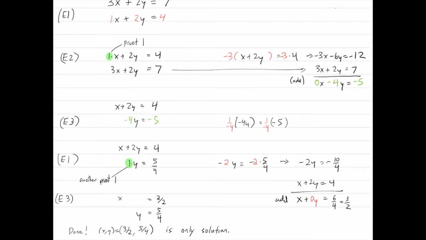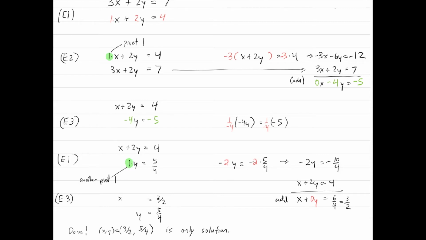And so now, using the step E3, I'm replacing this equation by adding to it -3 times the first equation. Here's the computation for adding to the second equation, -3 times the first equation, the -12 and the 7 add up to -5, the -6y and the 2y add up to -4y, so that equation now has come over here.